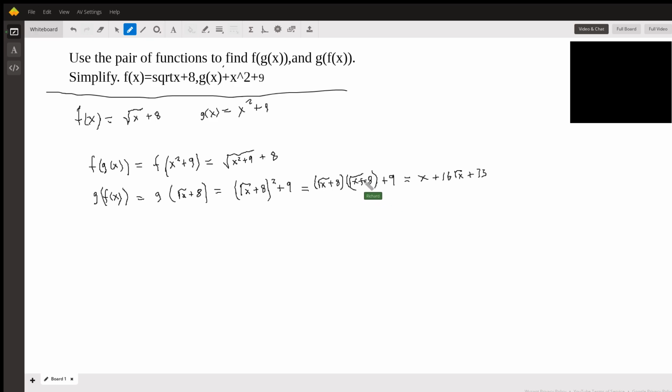And that's all it is. So you can make it a little friendlier if you want to. Chances are the teacher will be perfectly happy with this and won't require you to square this out. But squaring it out is not that much work.